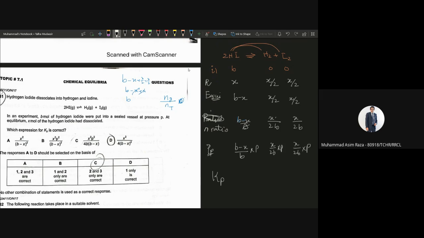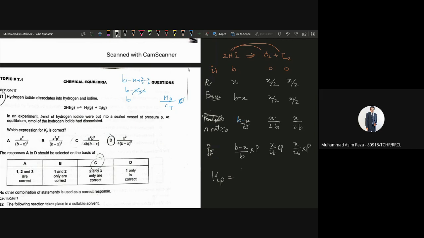So Kp over here is equal to the product of the partial pressures of products over reactants.